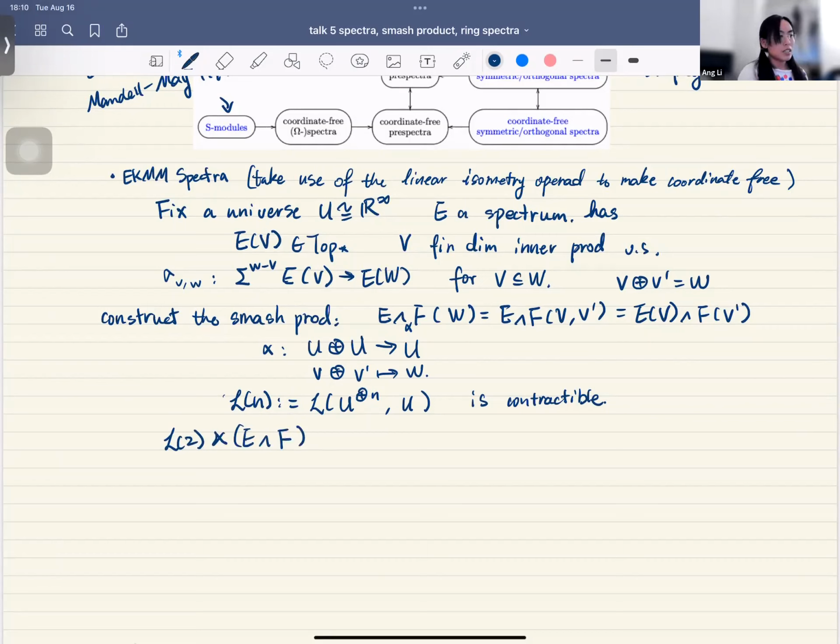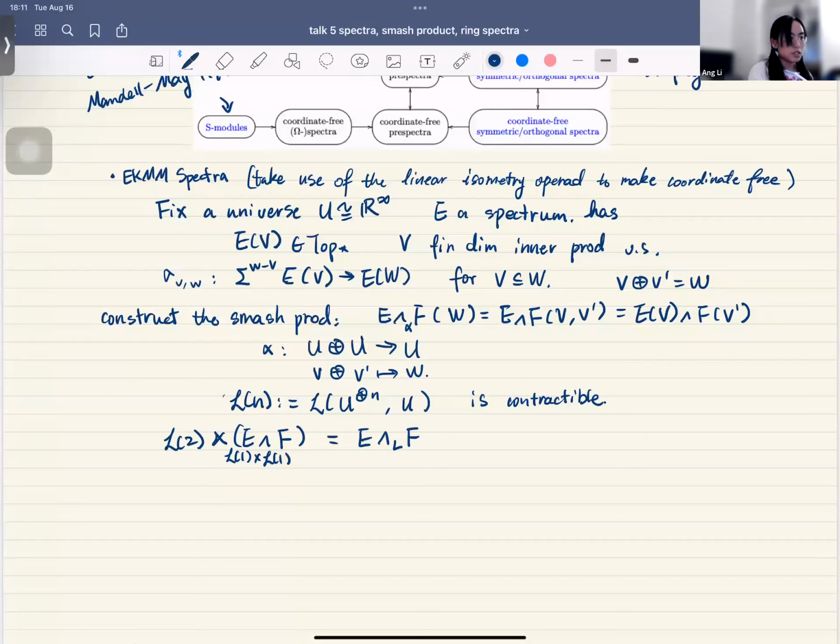And then, well, if you construct this product, it is not associative and not unital, and you need to fix that. The modification is the choice of L1 cross L1, where L1 is the first level of the linear isometry operad. So you also need to quotient out by that. And then things are good enough for you to define a good product. And then, okay, I have just done the associativity.